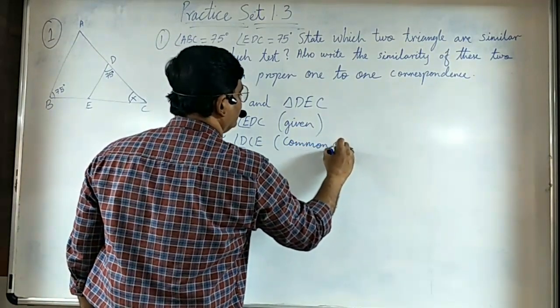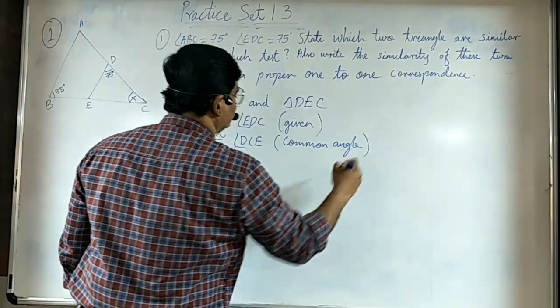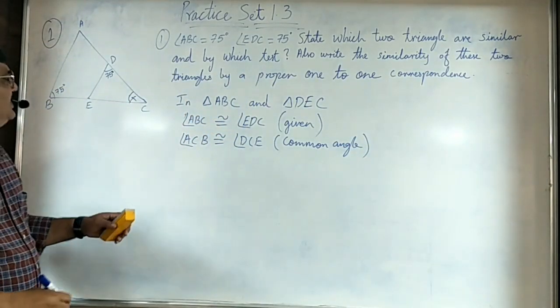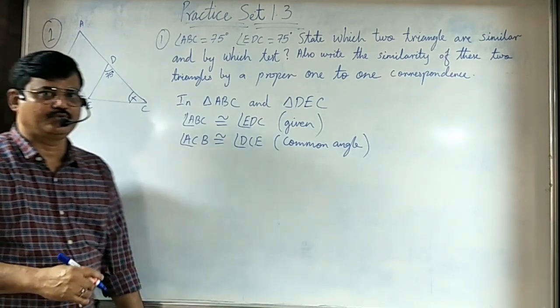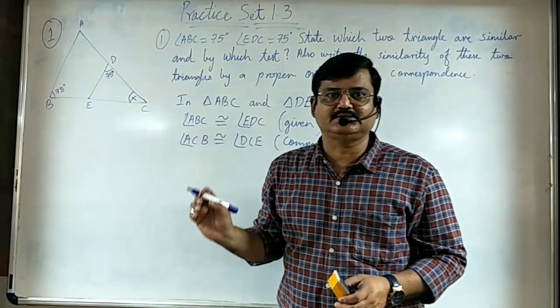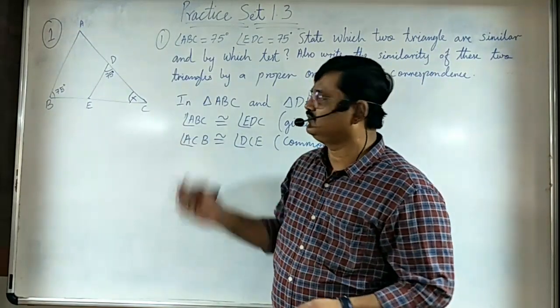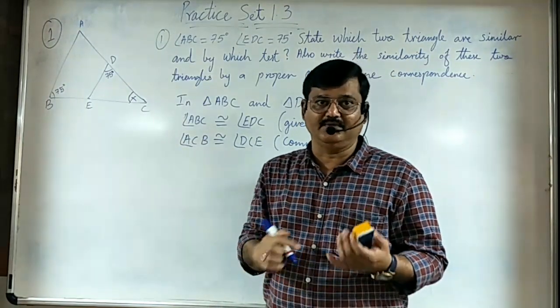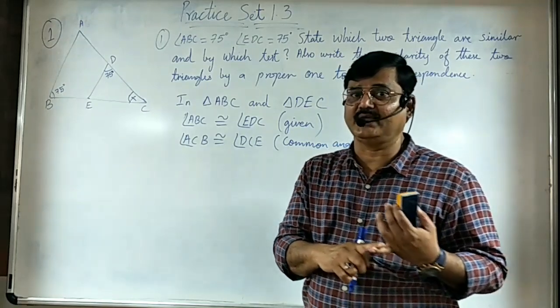In these two triangles I have proved two angles congruent. If I prove these two angles congruent, there is no need to go for the third one. I have proved two pairs of corresponding angles are congruent.